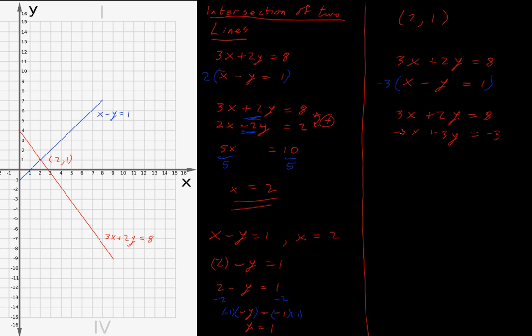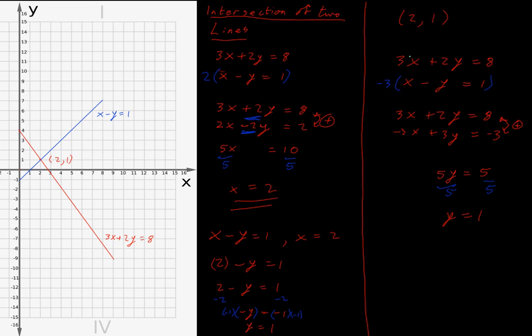In that case, when I added my equations together, I would have ended up with 0x plus 5y, and 8 minus 3 is equal to 5. Divide both sides by 5. I would have gotten y is equal to 1. I get the same answer. I still get y is equal to 1.